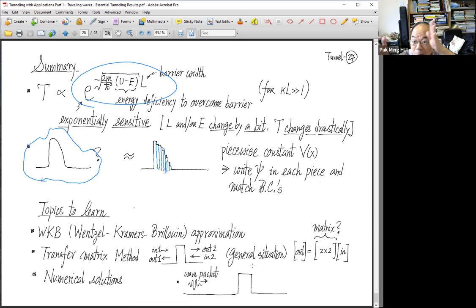Exponentials multiplied together is still a bigger exponential, right? Of course, you have learned in the previous course that there is something called the transfer matrix method. So that is the very basic idea about tunneling.